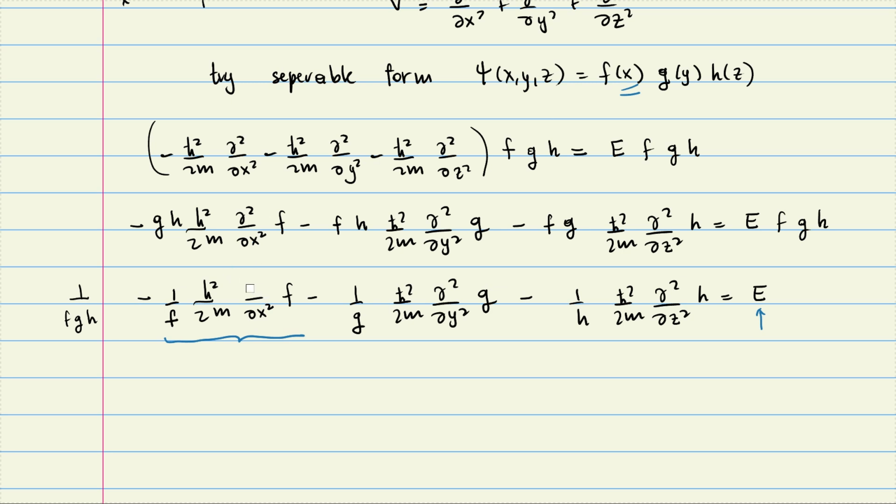Technically, this has to be d/dx squared. There's nothing partial anymore, so it's just a full derivative. So this is a constant for the y and z components. I can better call this a constant name, and I want to call this E of x.